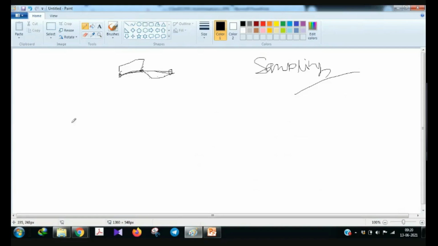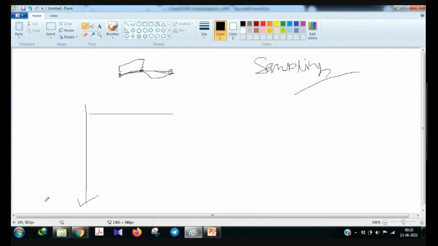And how this works generally depends on how long you are taking. Suppose you are taking a large duration. I'm plotting it here.